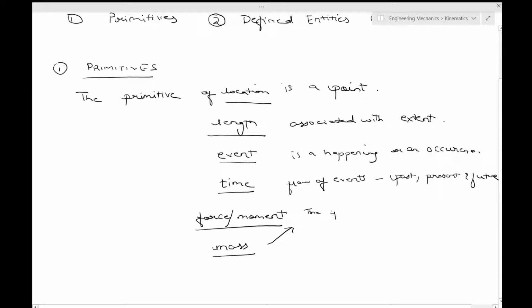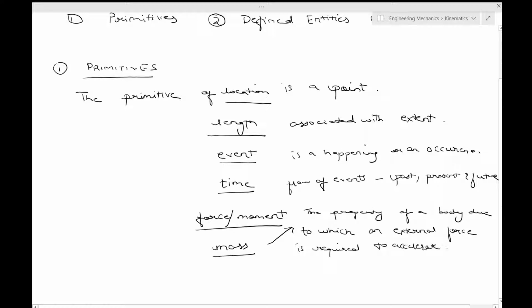The property of a body due to which an external force is required to accelerate it is called inertia, and the primitive of this inertia is mass.